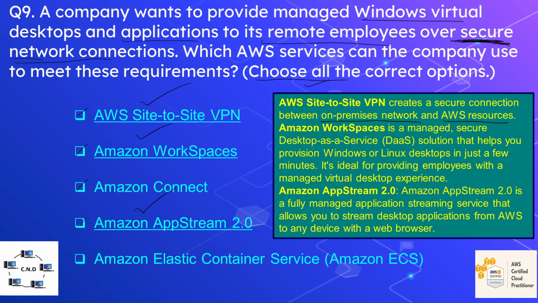It is a managed, secure desktop-as-a-service solution that helps you provision Windows or Linux desktops in just a few minutes. It's ideal for providing employees with a managed virtual desktop experience. And the third option, Amazon AppStream 2.0, is a fully managed application streaming service that allows you to stream desktop applications from AWS to any device with a web browser.